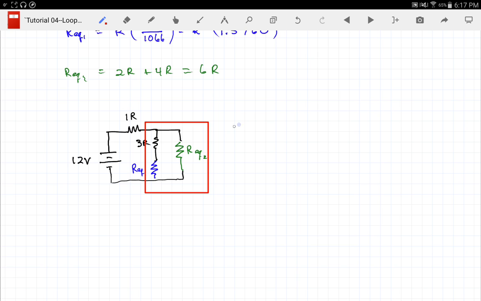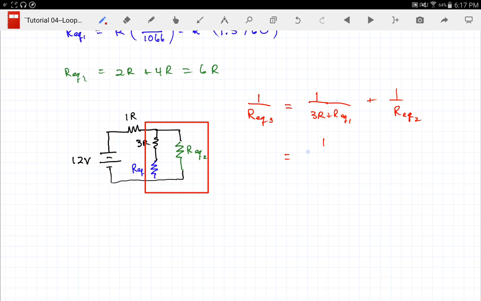So I'm going to have R equivalent 3 is the red box, so parallel, so I have to use the parallel equation. 1 over R equivalent 3 is 1 over 3R plus R equivalent 1. Those two are in series, so I have to put those like that. Plus 1 over R equivalent 2.